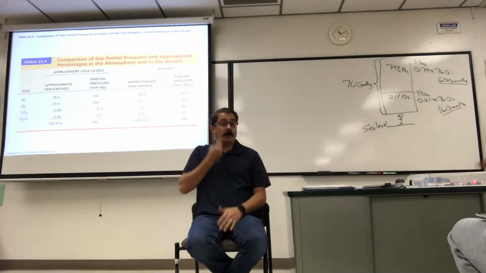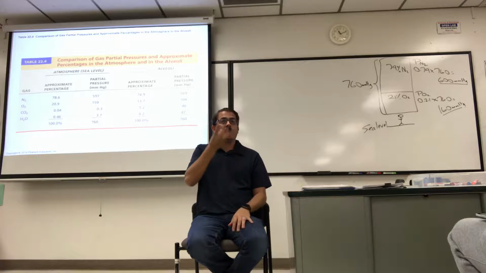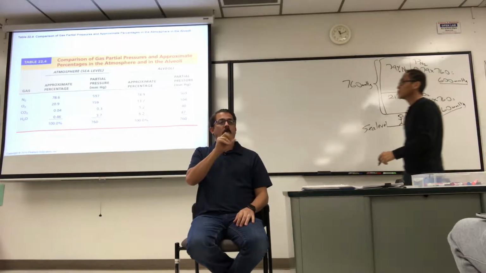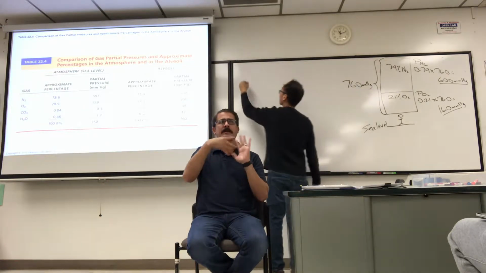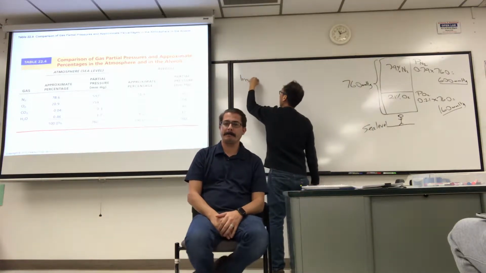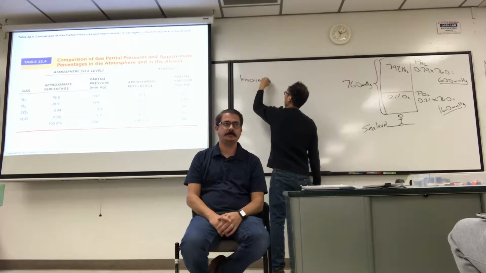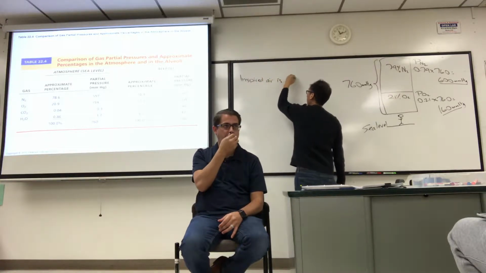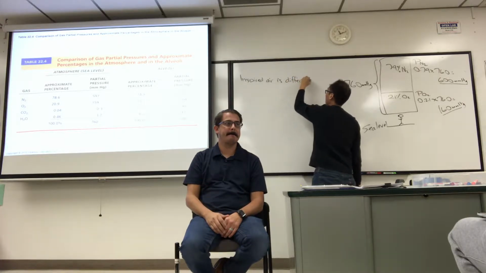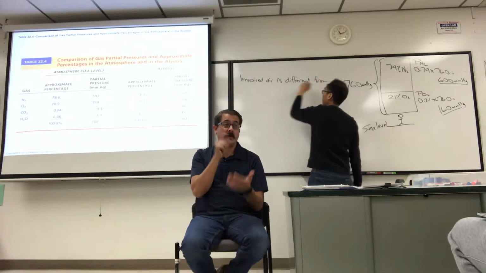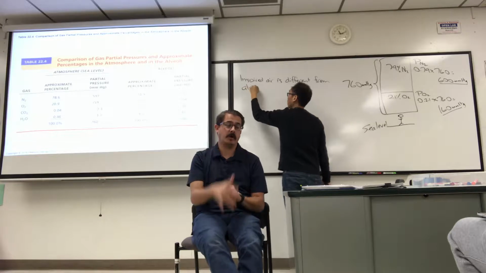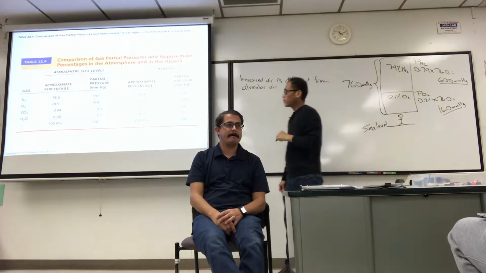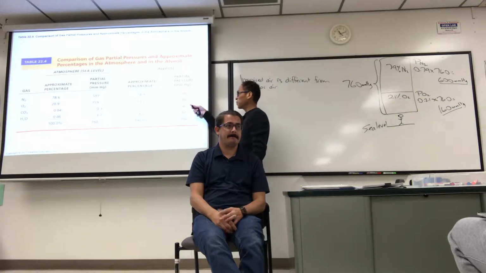And what happens is when you inspire this, inspired air is actually different from alveolar air. If you look at the table, alveolar air, I would focus on the PO2 and the PCO2, 104 and 40.